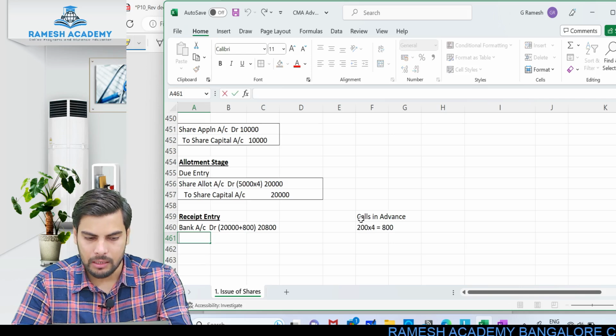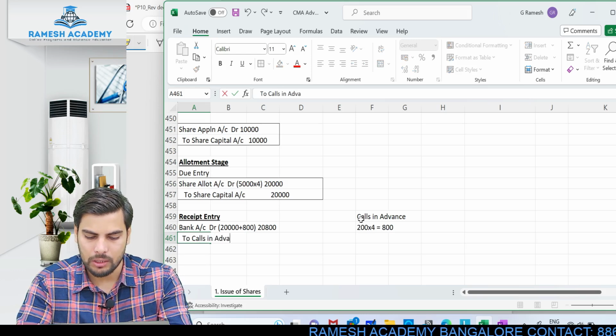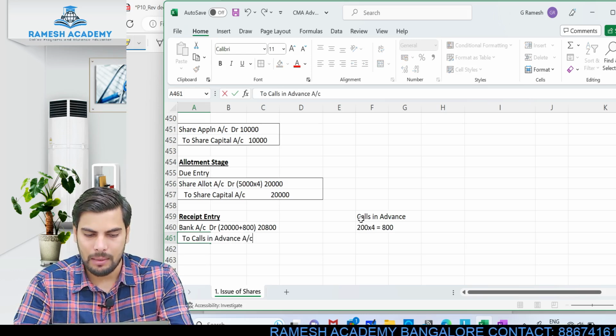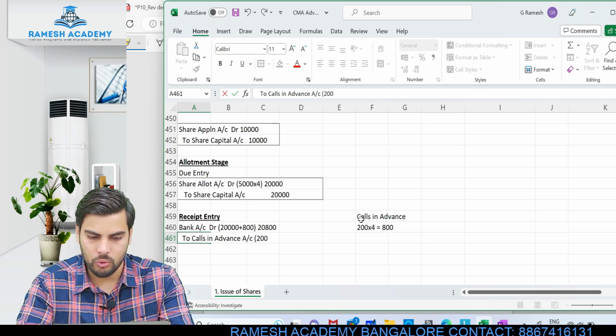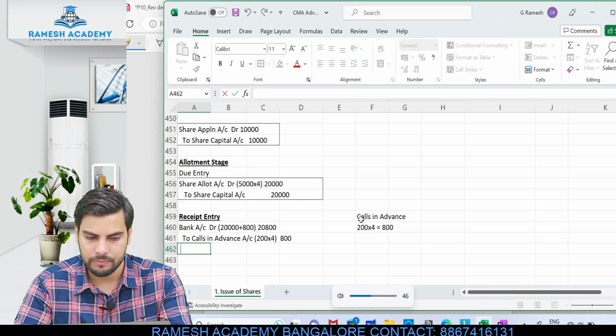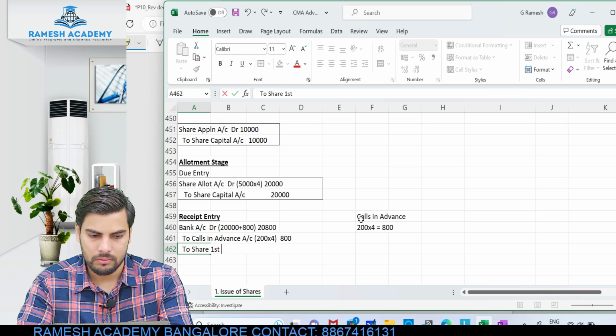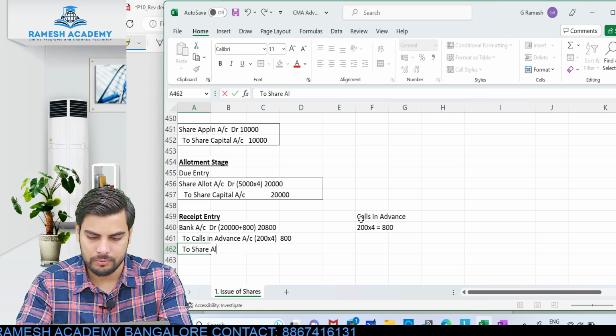So bank account debit to calls in advance. Calls in advance is a liability, therefore we will be crediting. 200 shares into 4 rupees, so this would be 800, to share allotment account.